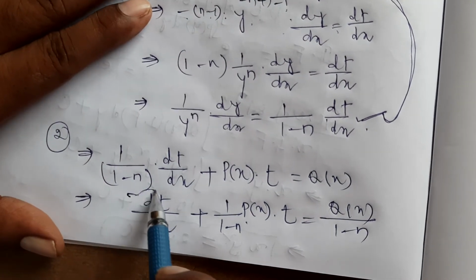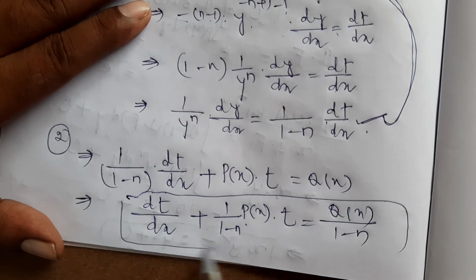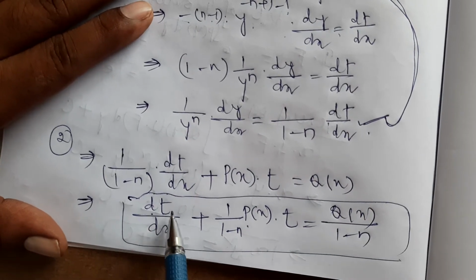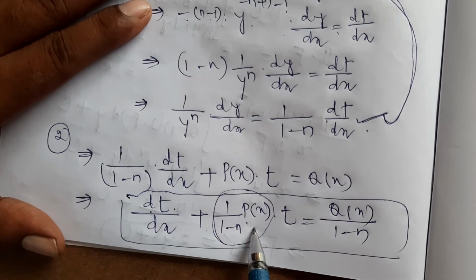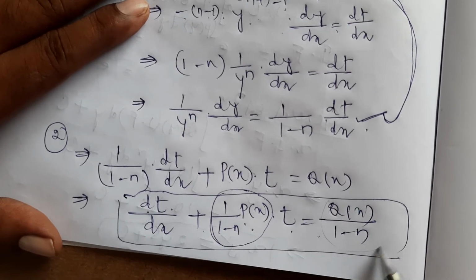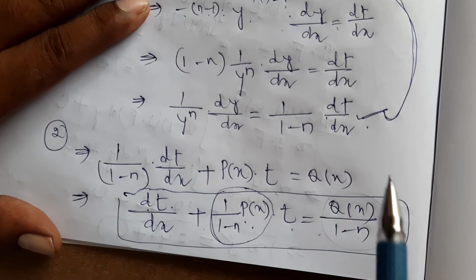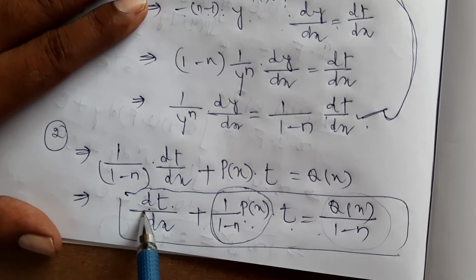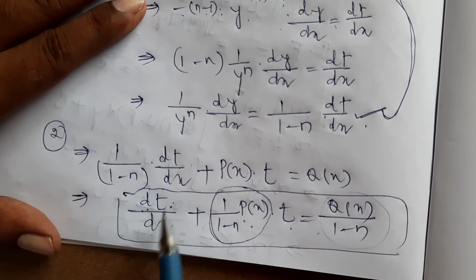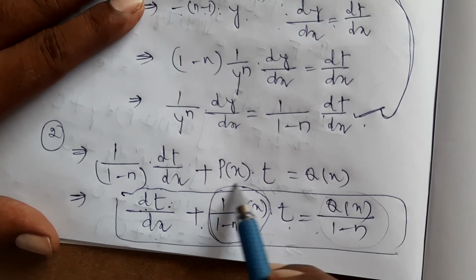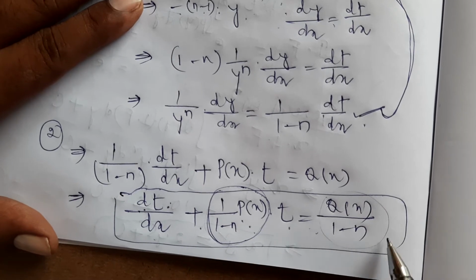Means if you observe this entire equation, this is in the form dy by dx plus this whole value, a new p of x, into y is equal to q of x form. Of course, if you substitute t by y again, it is dy by dx plus a new p of x into y equal to q of x form.